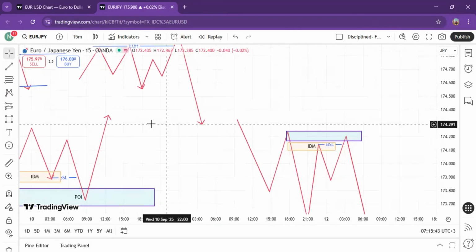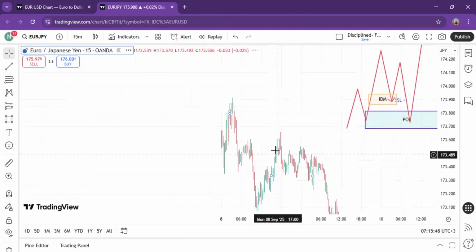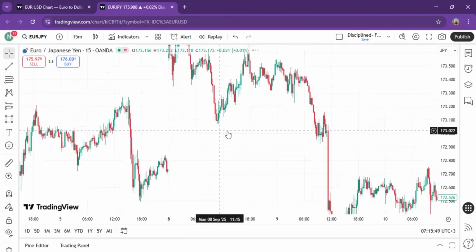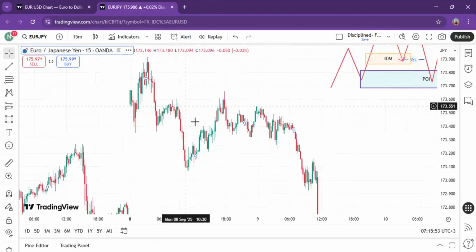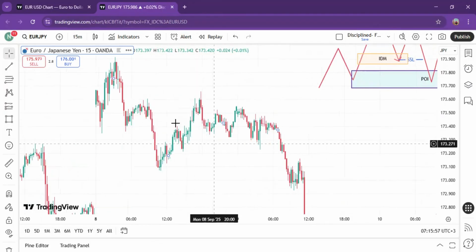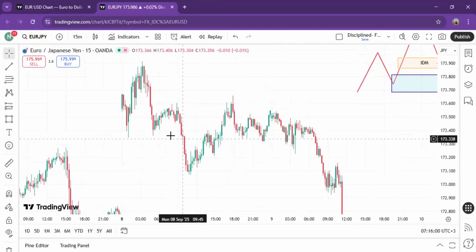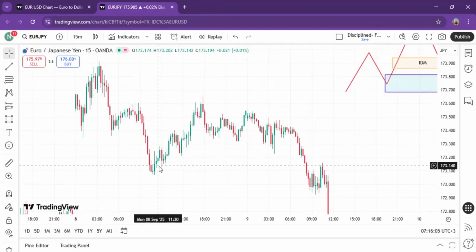liquidity. So let's go to the chart and start looking at the different types of liquidity that we have in the market. Okay, looking at this, first of all, you can see that we have this downtrend here.